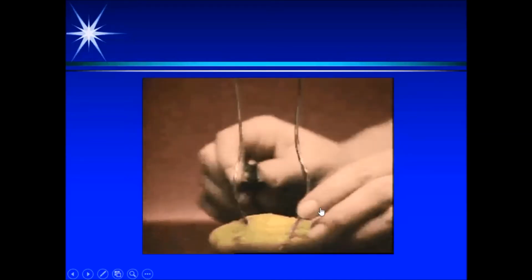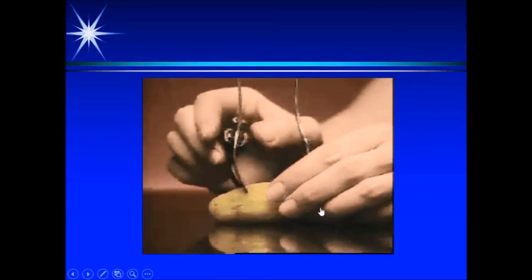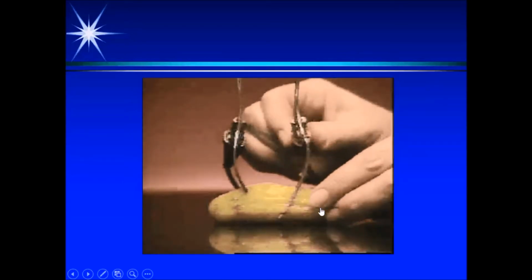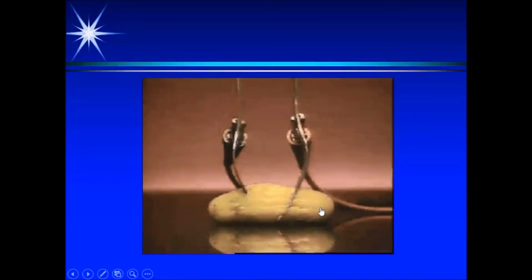I call this the death of Larry the cucumber. A pickle is incorporated into a simple electrical circuit. The forks provide contact between the pickle and the power source. Alternating current will be passed through the circuit.